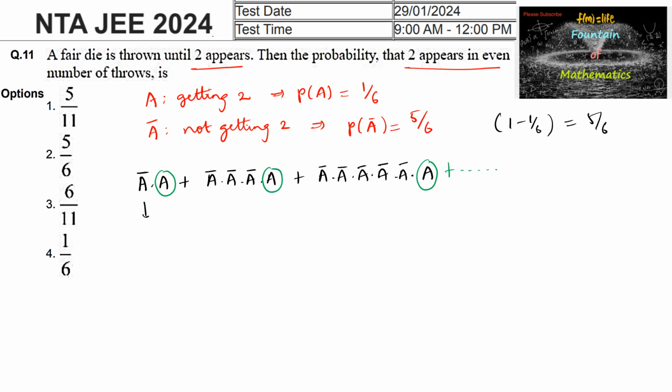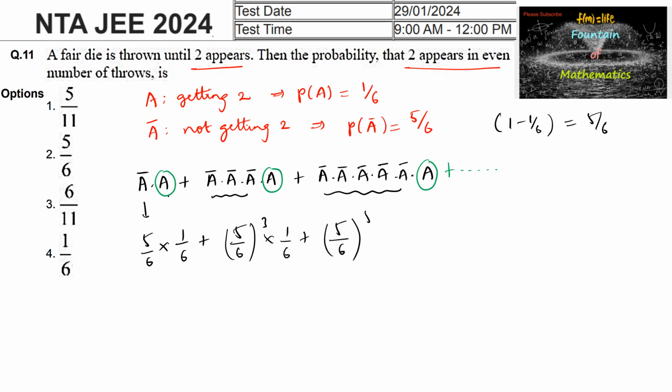Probability of not getting A is 5 by 6, and probability of getting A is 1 by 6. Here probability of not getting A is 3 times, so 5 by 6 whole power 3 into 1 by 6, and here probability of not getting A is 5 times, so we can write 5 by 6 whole power 5 into probability of getting A, which is 1 by 6, and so on.